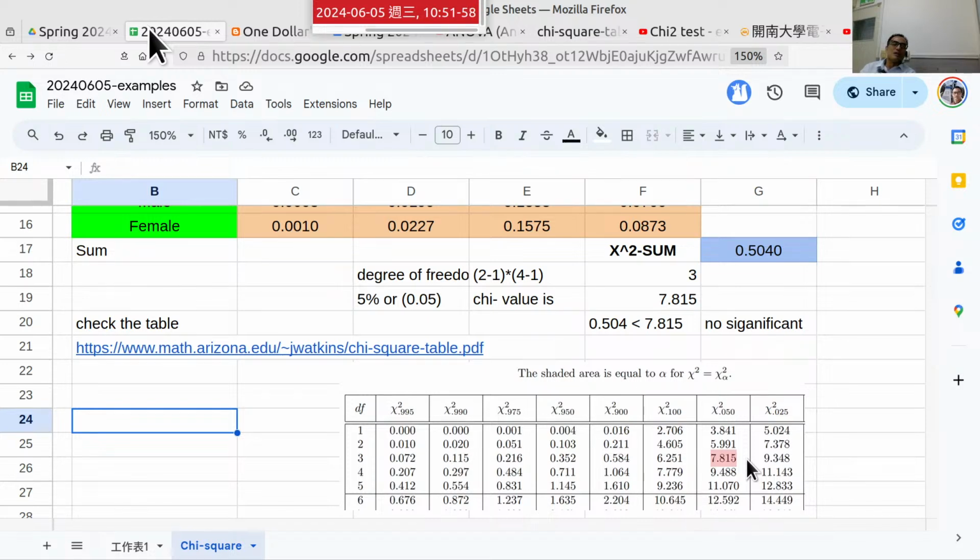She made up a test about female and male: do they have different preferences in selecting newspapers, including the Washington Post, WSJ, New York Times, New York Post, something like this. After we conduct the analysis, the chi-squared sum is far smaller than the critical value, and we know there is no significant difference. Okay, go ahead.